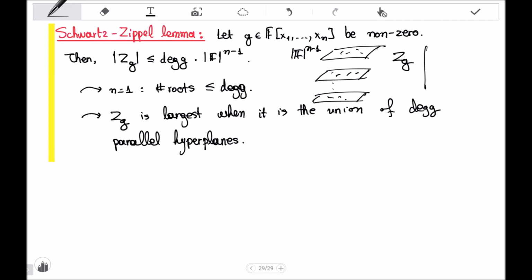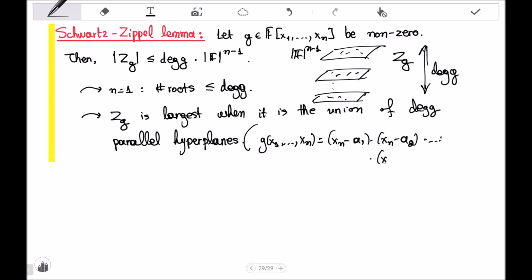And how many do I get? The degree many of these hyperplanes. This is exactly when I'd get equality here. Well, at least one case where I would get equality. And this would be the case where G of the n variables would be, say, a product of n linear terms, x_n minus a height times x_n minus another height times x_n minus a final height.